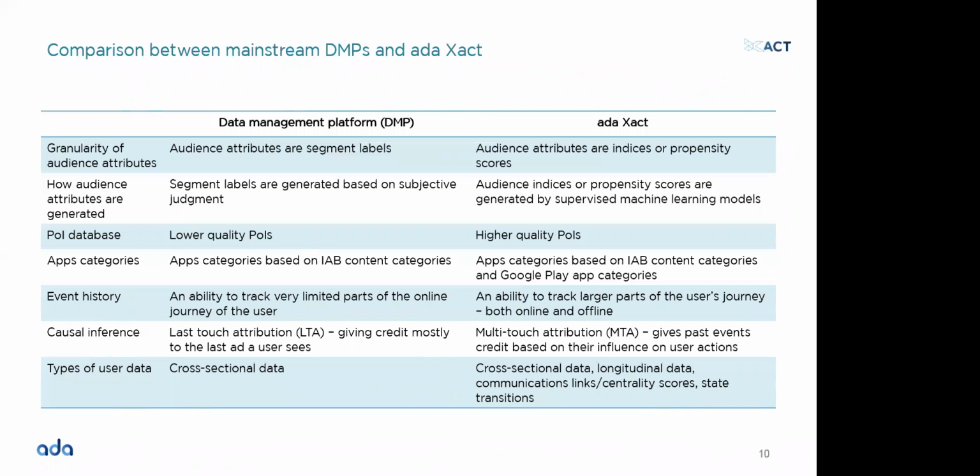So not only can we also track the clicks of a user, but we also know the previous locations and other kinds of user events leading to the click, and that therefore allowing us to make a more fine-grained multi-touch attribution that will give accurate credit assignment to the influence of past actions on the user's future events. All right.